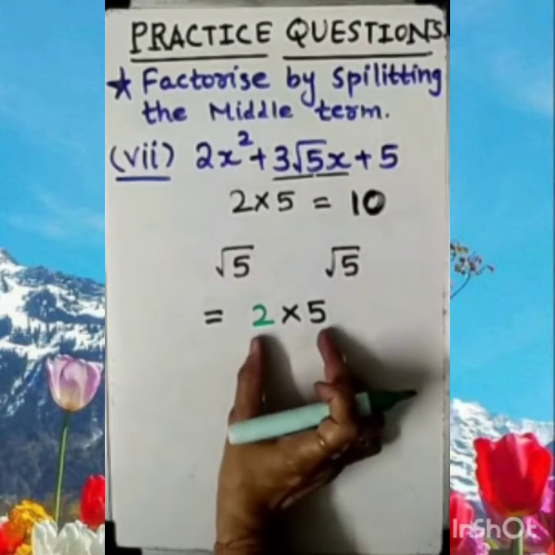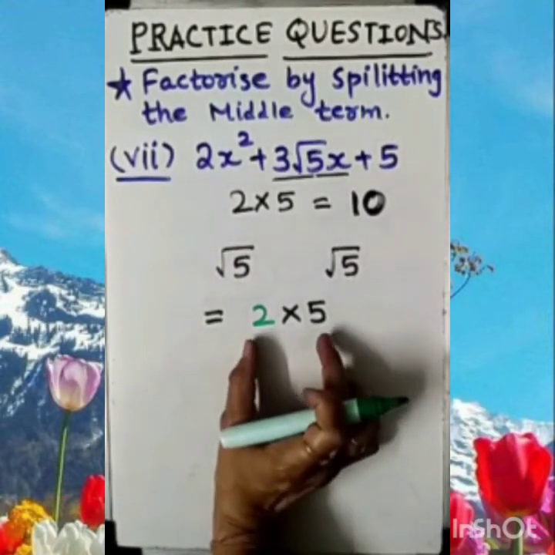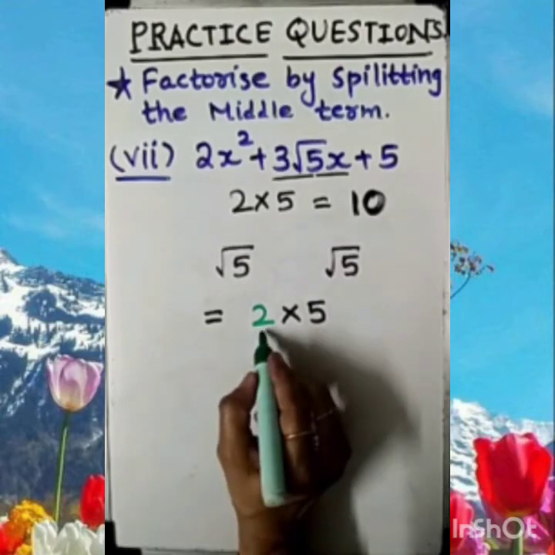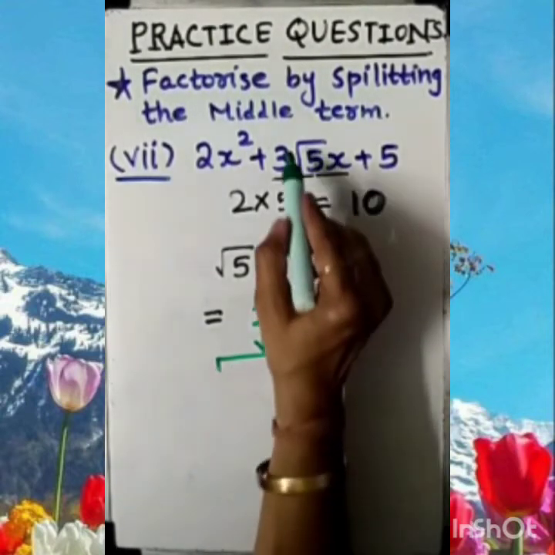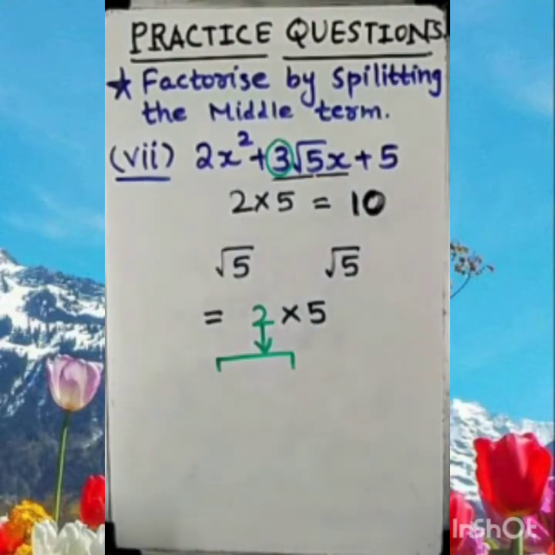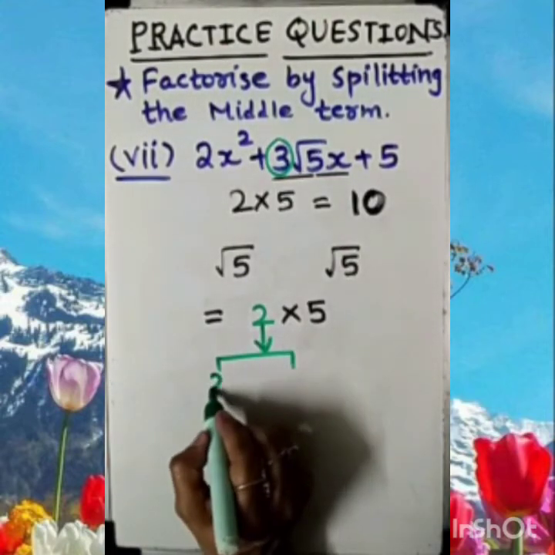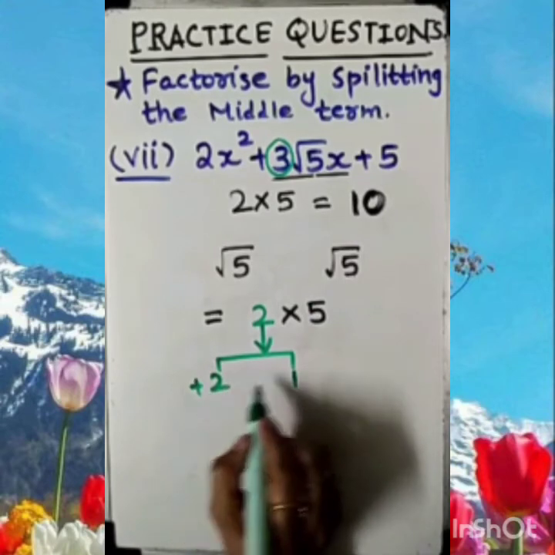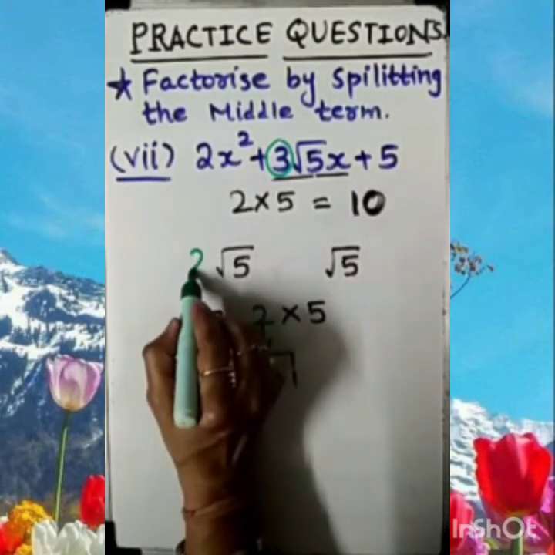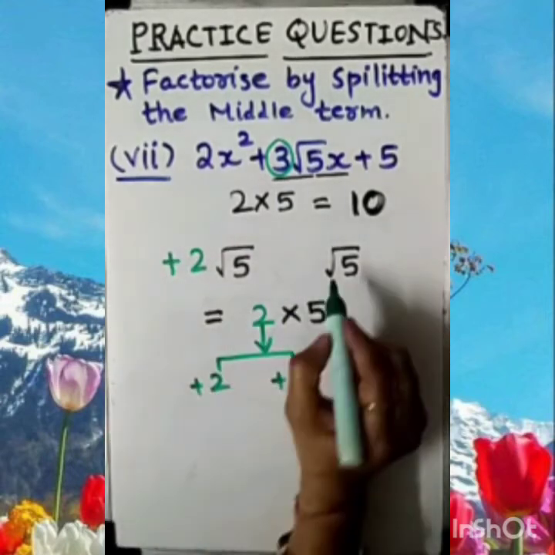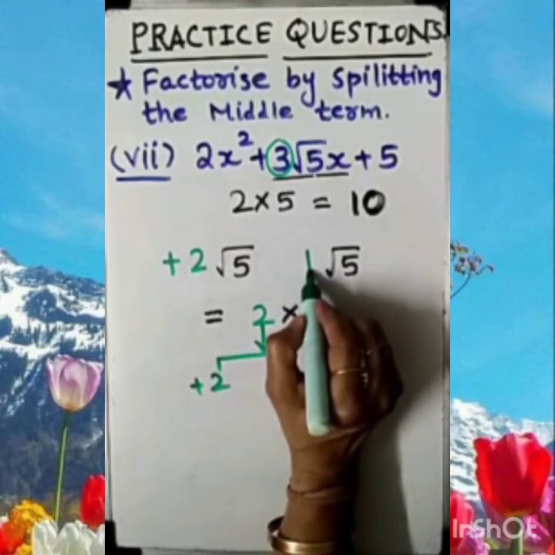So 2 fives are 10. Now try to get a factor of 2 such that we should have the 3 here. So 2 plus 1 is 3. So my dear student, here I need to mention plus 2 and this is plus 1 as a result.